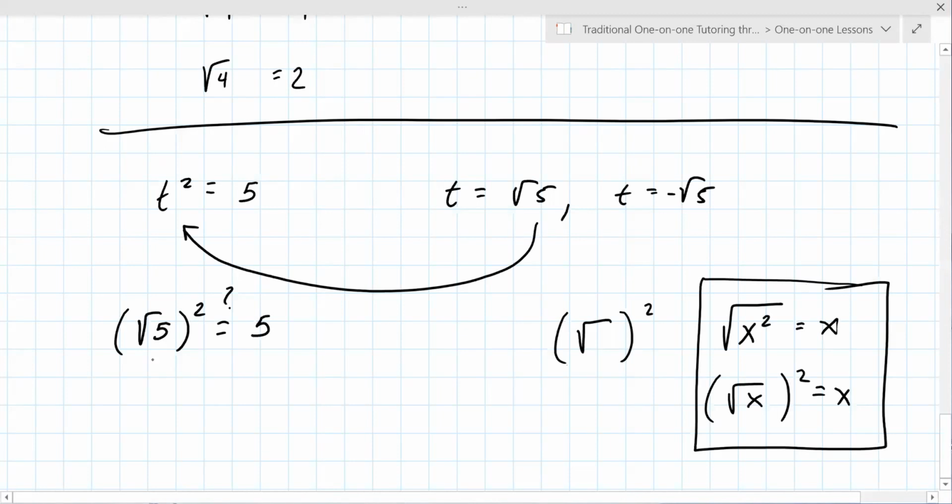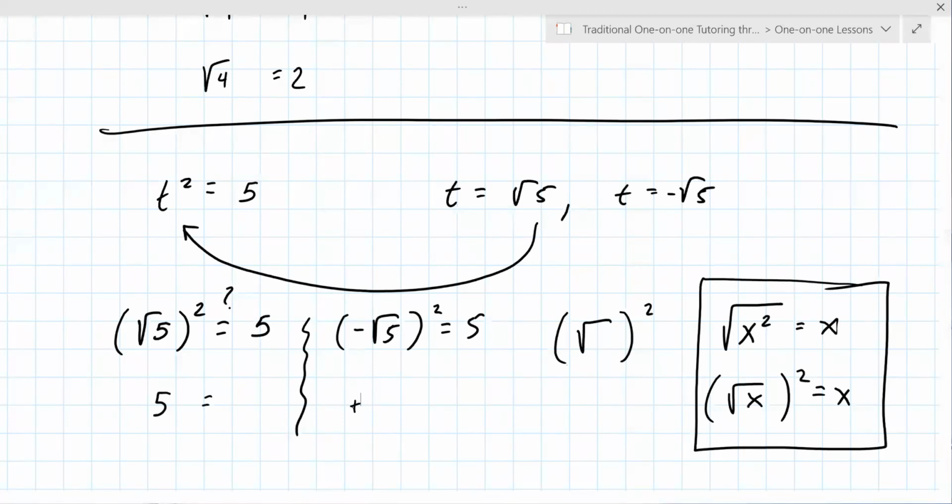So when you square the square root, it just becomes 5. Now the other one's a little harder, negative square root of 5 squared. But when you square a negative, it becomes positive. So then would it be positive 5 equals 0? Well, no, it's just positive 5 equals 5.